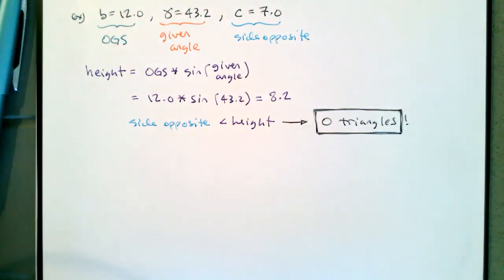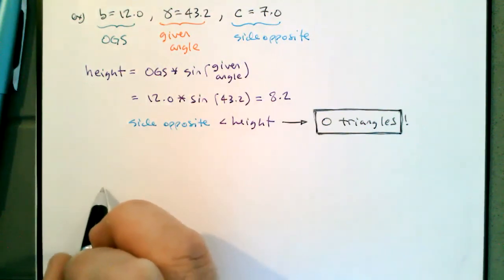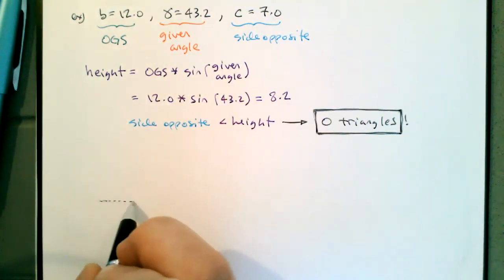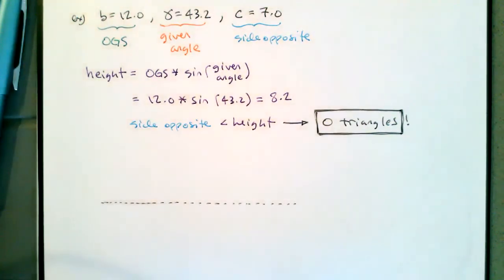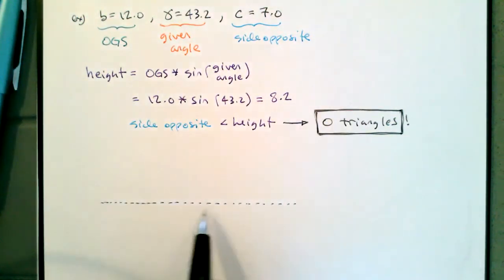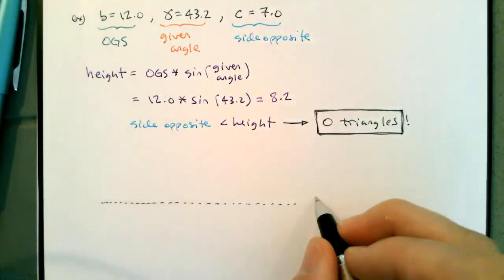So remember what this looks like. Here's how we remember it in things like formulas or statements. If the side opposite the given angle is less than the height, then we have no triangles. We also might want to visualize this. So here's the line where the third side is going to be.